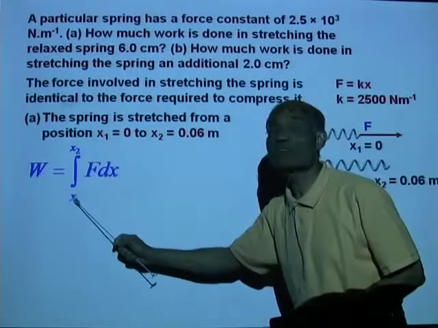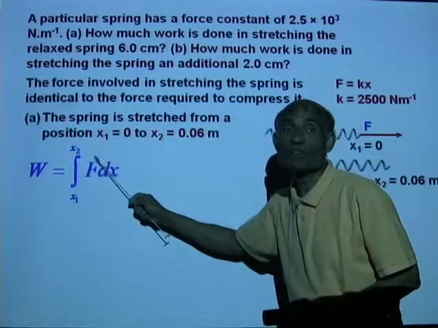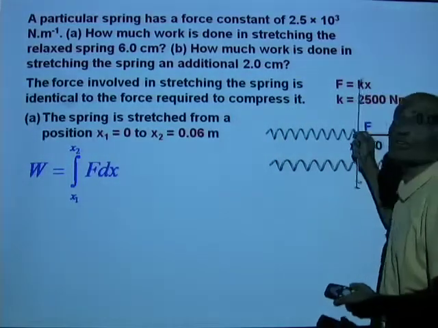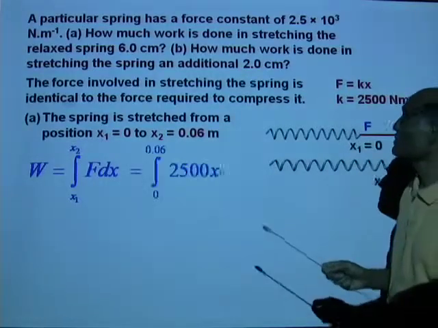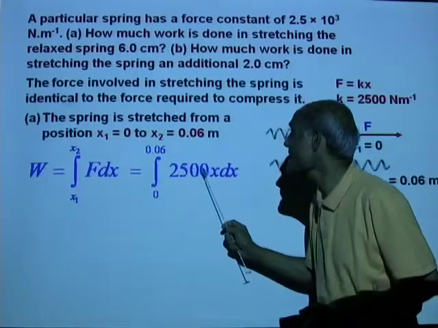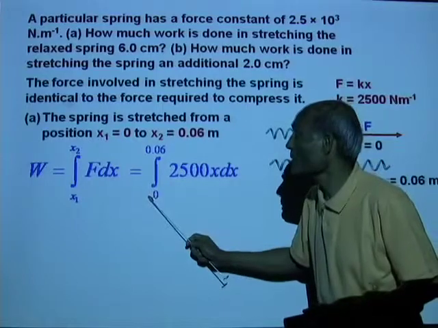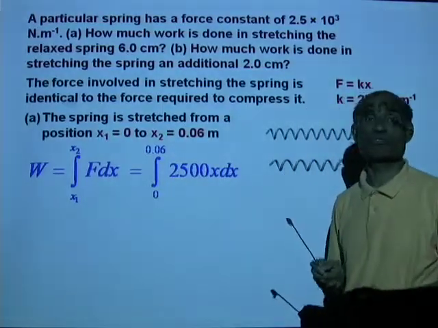Work done is integral x1 to x2 of F dx, and we can replace F by kx, where k equal to 2,500 Newton per meter. So I replaced F by kx, where k is 2,500. And x1 is 0, x2 is 0.06.